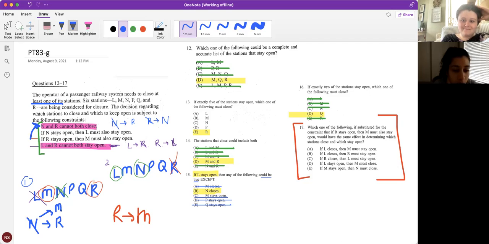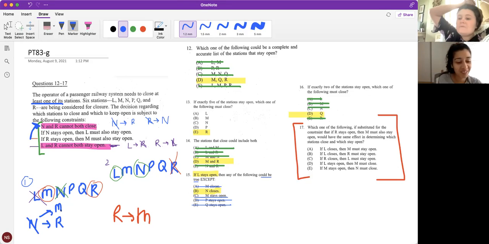I'm sorry, you cut out. You might have said the right answer. If we fail the sufficient, then the rule falls away, and so M and R could do whatever they wanted. N and R could do whatever.